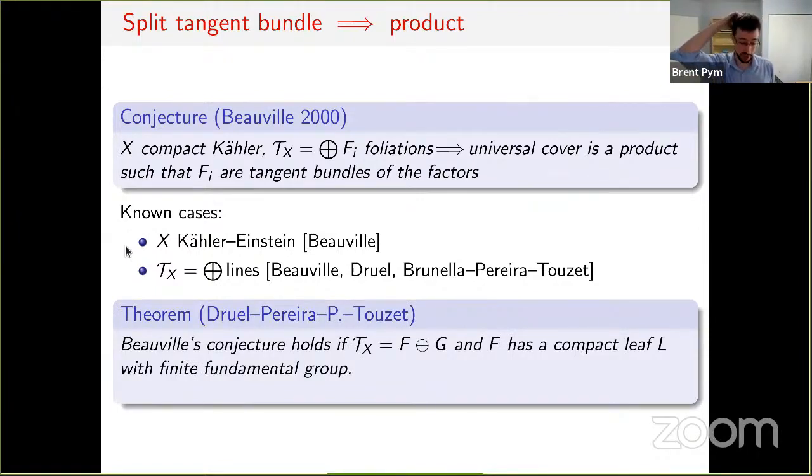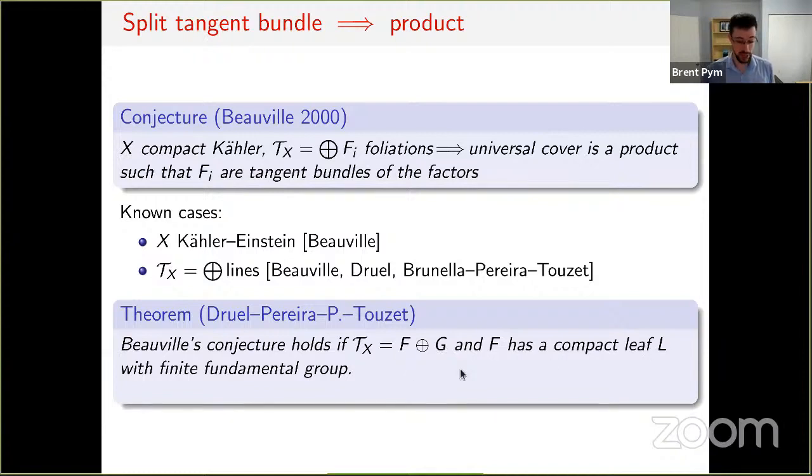So what we proved is that the conjecture holds in the situation that's relevant for us. So Beauville's conjecture holds if the tangent bundle is split as a sum of 2 complementary foliations with the property that one of them has a compact leaf with finite fundamental group.